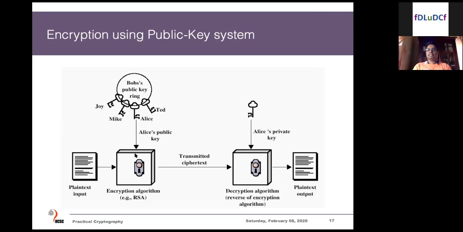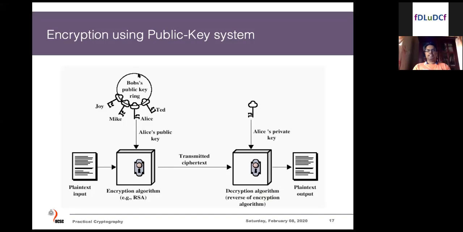Let's try to understand the concept at a very abstract level, and then I will explain how it works in detail. When you want to do public key cryptography, first of all, the participants of this system should generate two keys, a public key and a private key. The people who generated those two keys keep their private key private with them, and then they publish the other key in a public place.